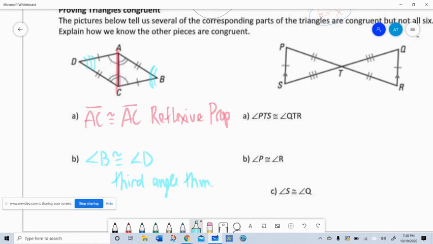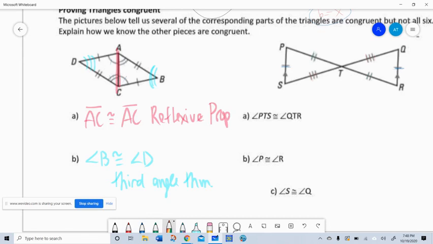So let's look at these last two pieces. We've got three congruent sides here. We've got, let's see, this guy's congruent over here, and this guy is congruent over here, and this guy is congruent over here. So the question is, what other pieces of information do we know? And they want us to be able to say why.